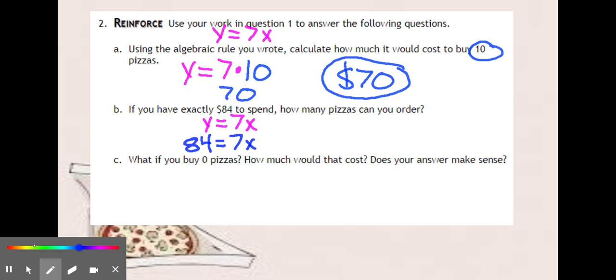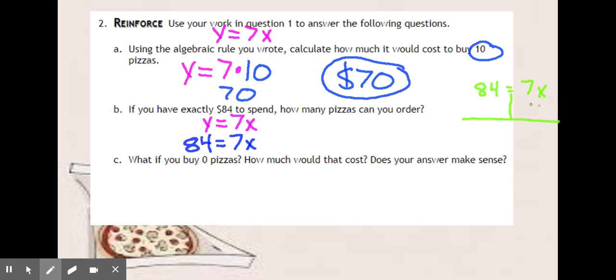And now I can use my equation skills. I'm going to write over here so I have a little bit more space. 84 equals 7x. I know that since I'm solving an equation, I'm going to draw my line to show my two sides of the equation.